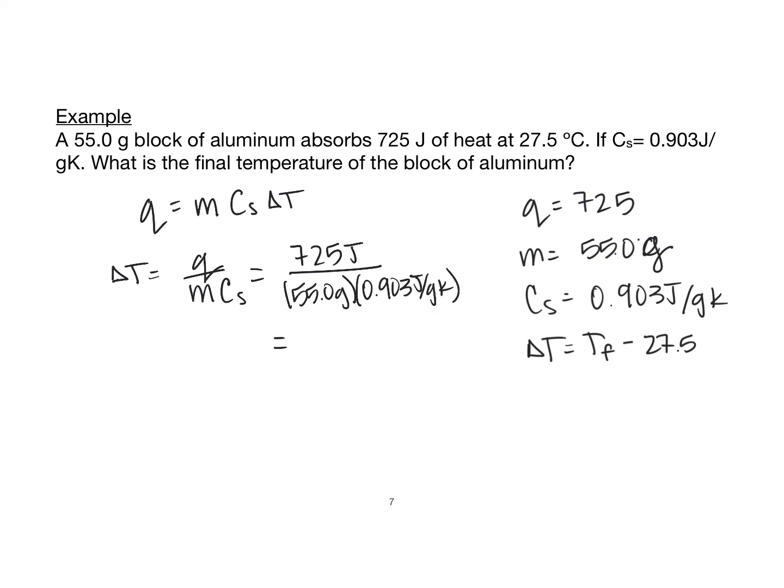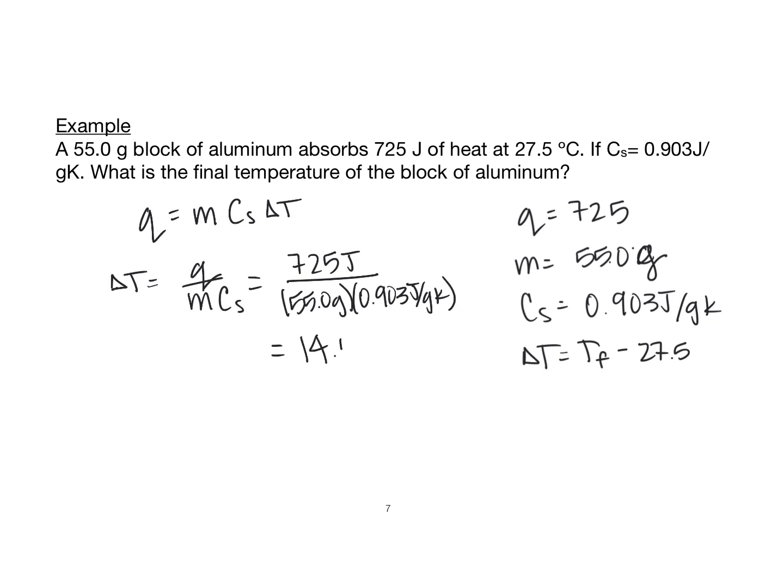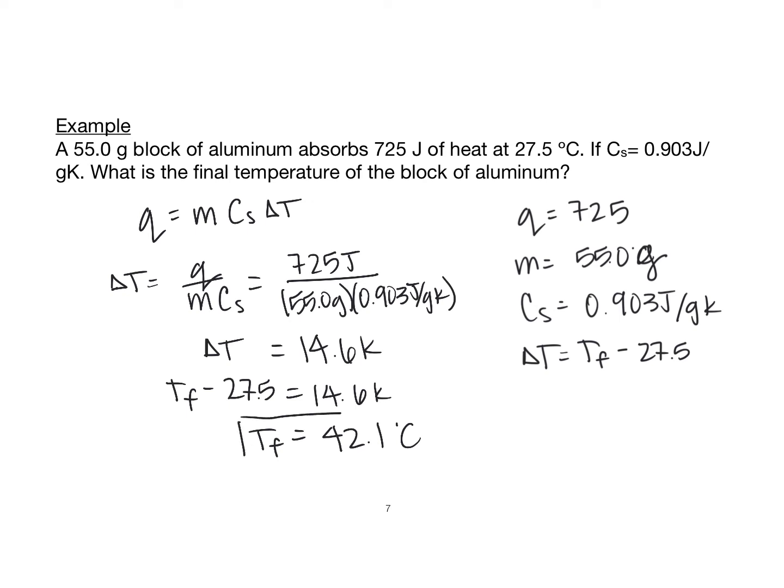So that's going to give us 14.6 Kelvin equals delta T. Well, if delta T is TF minus 27.5, and that equals 14.6 Kelvin, TF is going to equal 42.1 degrees Celsius. And we change the units because we are looking at the delta T. So in this case, you do not need to convert both of these answers.